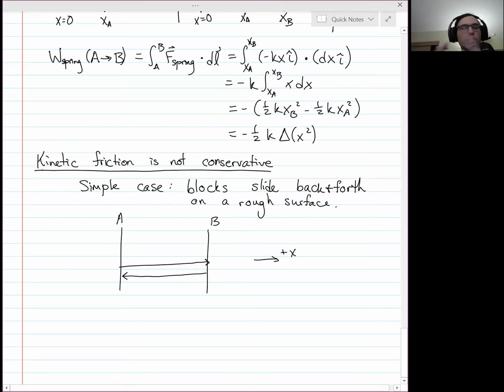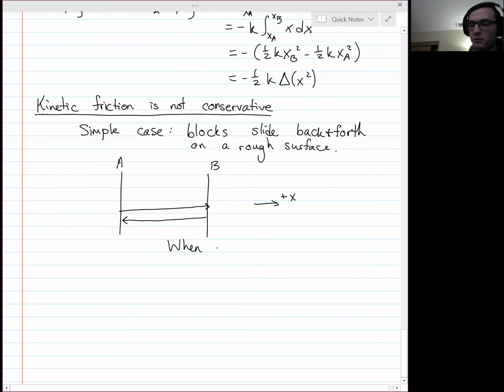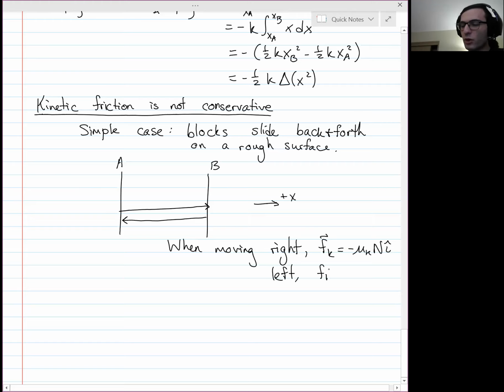We're just imagining a block moving from A to B and then backwards from B to A. So when moving right, kinetic friction always opposes the sliding motion. So in that case, the kinetic friction force is negative mu k n in the i hat direction. And when moving left, the kinetic frictional force is positive mu k n i hat. The frictional force is pointing to the right.